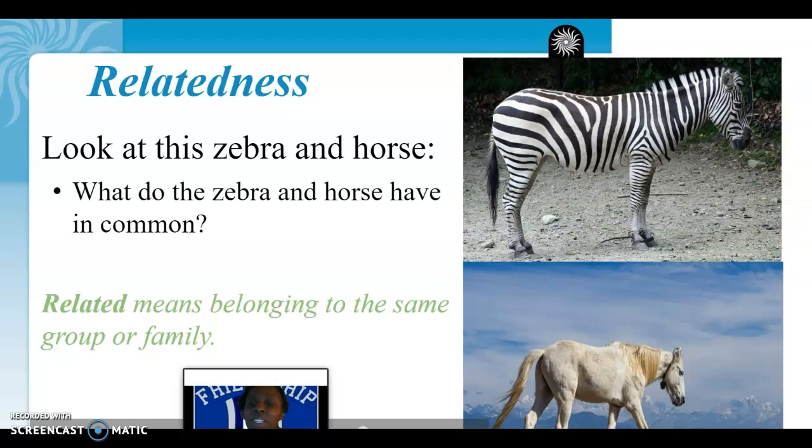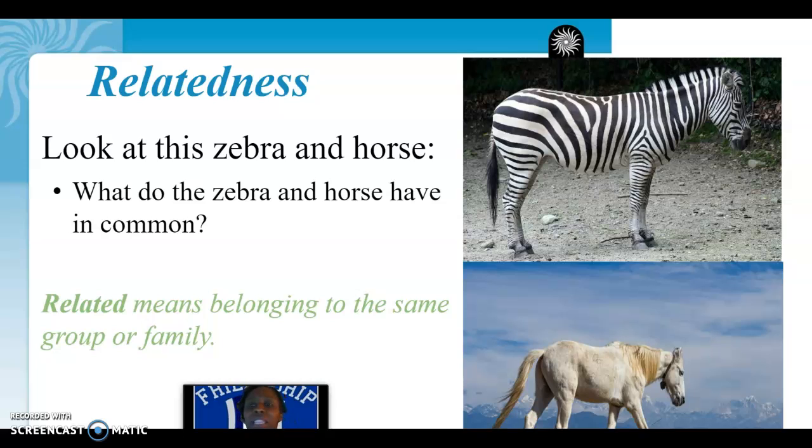Okay, so let's take a look at these two animals. One is a zebra, one is a horse. What do you think a zebra and a horse have in common? Think about that. If we were in class, this would be a question. So go ahead and write somewhere what you think a zebra and a horse have in common.